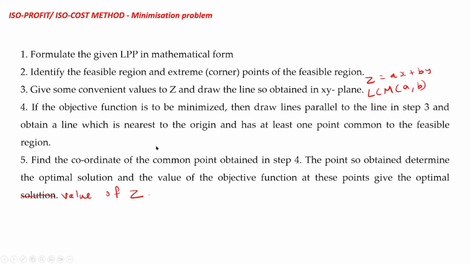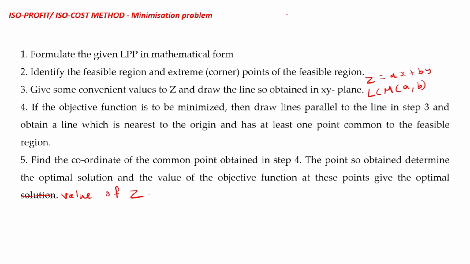So it is similar to the maximization problem. In a maximization problem, we draw lines parallel to the line in step 3 and obtain a line which is farthest from the origin. But in a minimization problem, we obtain the line which is nearest to the origin. So these are the steps involved in the isoprofit or isocost method.